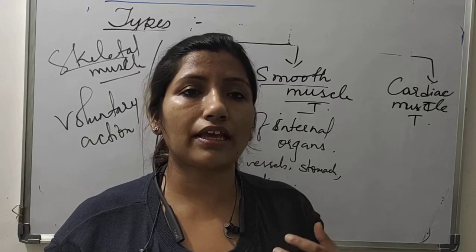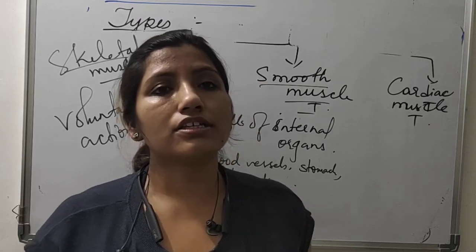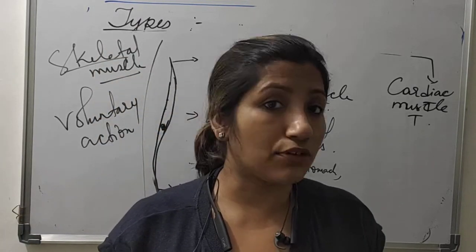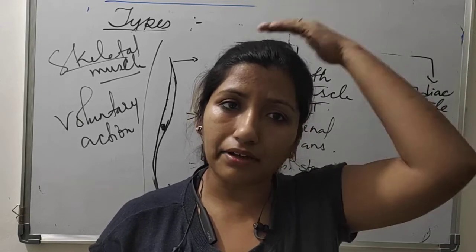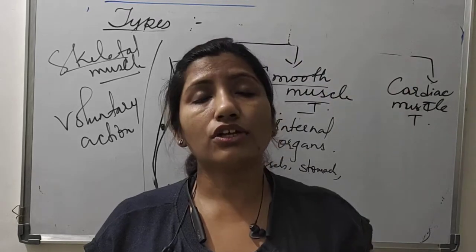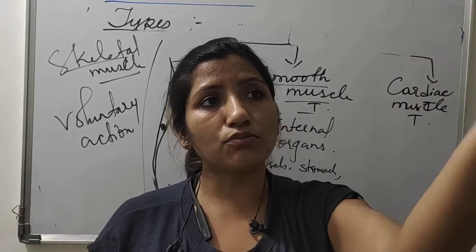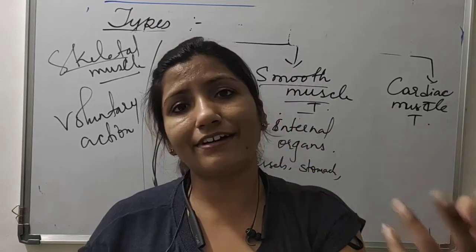When we take control of a certain action, that action is known as voluntary action. Suppose I don't want to raise my hand, I will not raise my hand. Right now I want to put my hand on my head. So I thought it and then I have put it on my head. I thought about that movement, and I did it. So that is voluntary action.